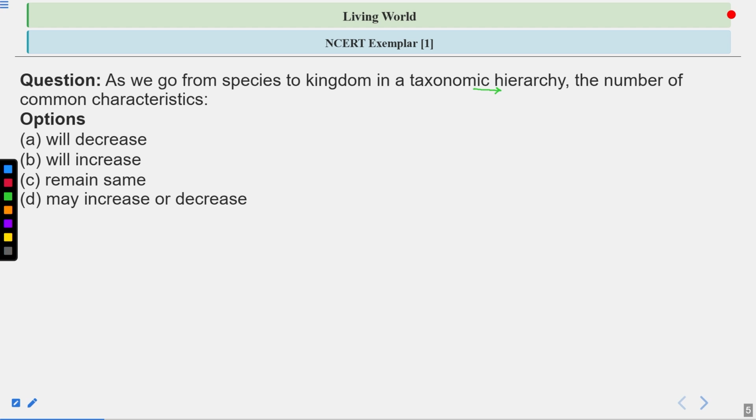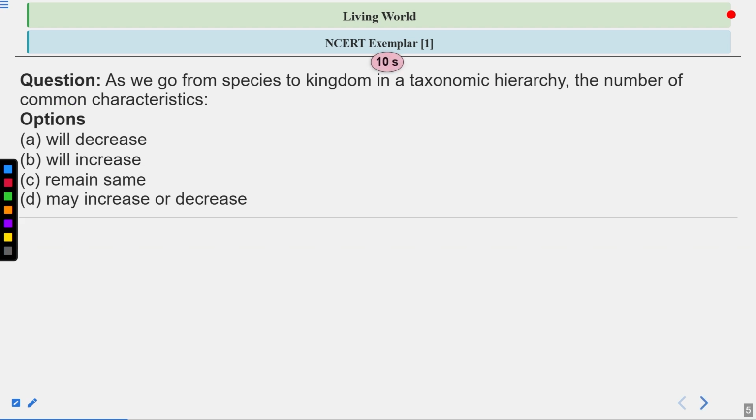Now they are asking, when you go from species to kingdom, the number of common or shared characteristics, do they decrease? Option A is decrease, B is increase, C is remain same, and D is may increase or decrease.